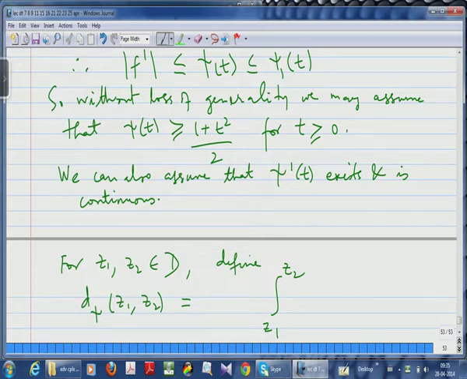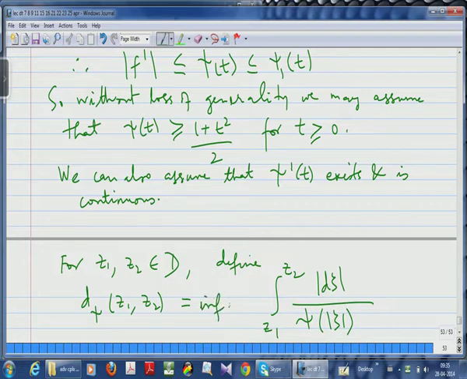What you integrate is mod d zeta by psi of mod zeta.